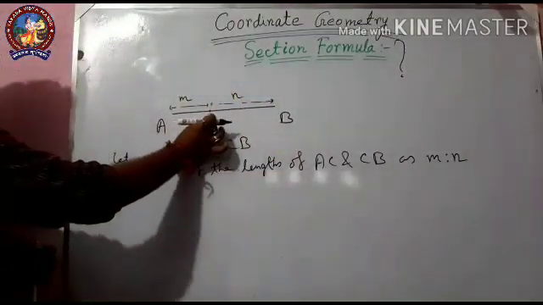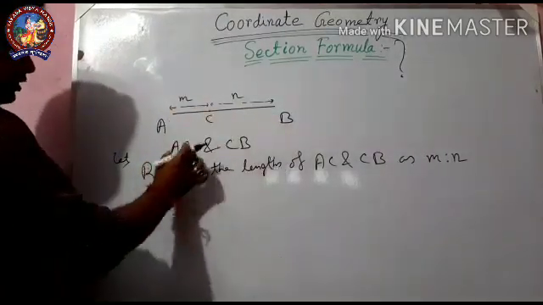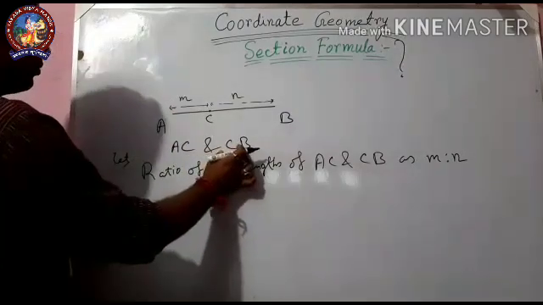So by this point C, the line segment AB is divided into two line segments AC and CB.